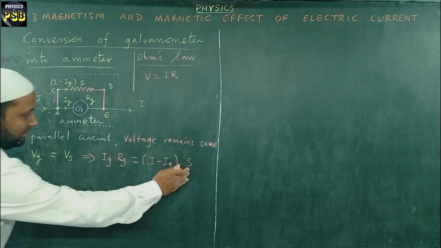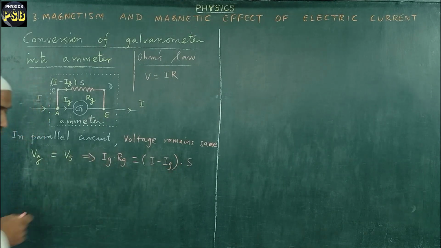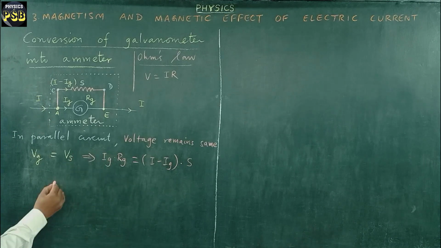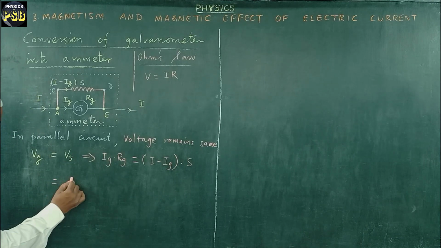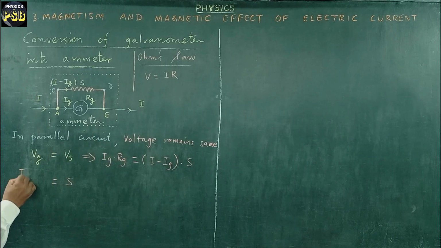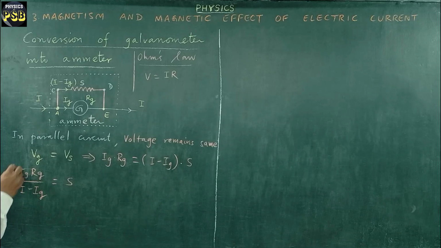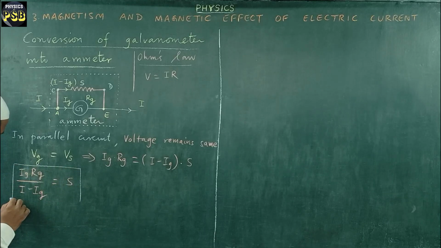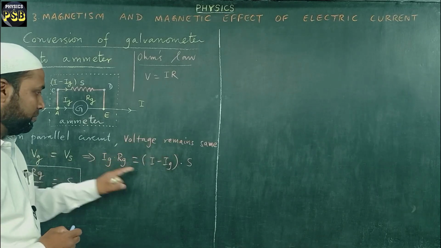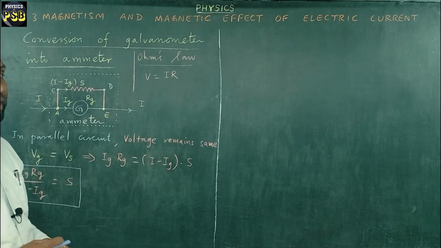I keep S here as such, and this term is taken to the left hand side. So this will become S equals Ig multiplied with Rg divided by I minus Ig. This is the value of S.